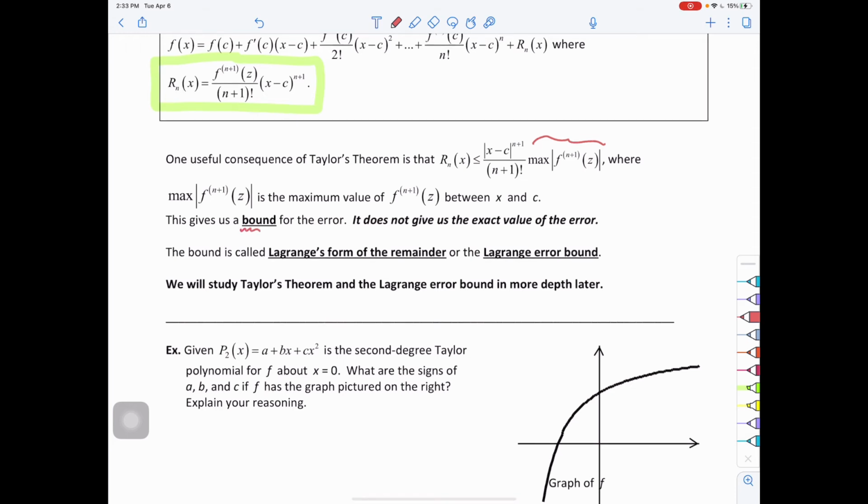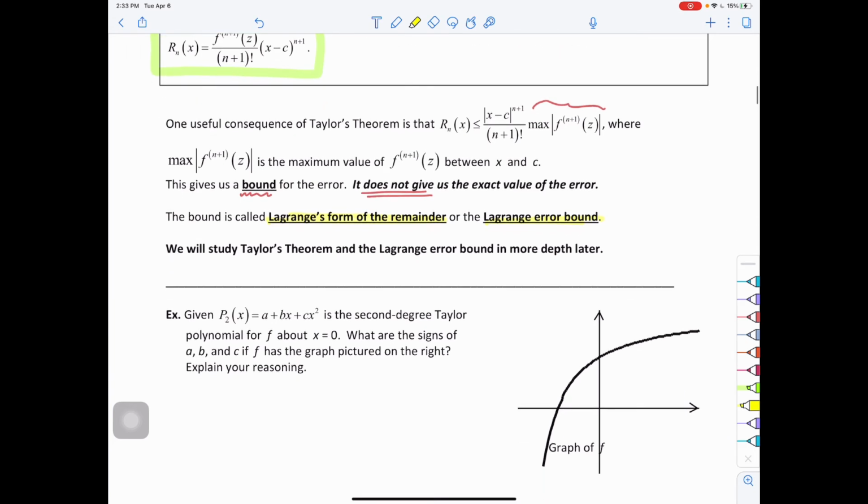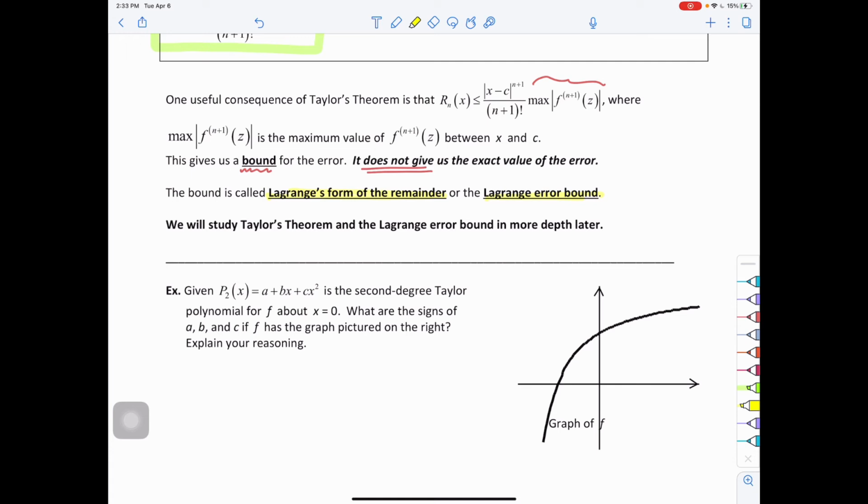Basically, it gives us a bound for the error. It does not give us the exact value, and this is called Lagrange's form of the remainder, or you could call it the Lagrange error bound. So we are going to be studying this at length later, but I just wanted you to see these. And this is definitely all one term right here, okay?